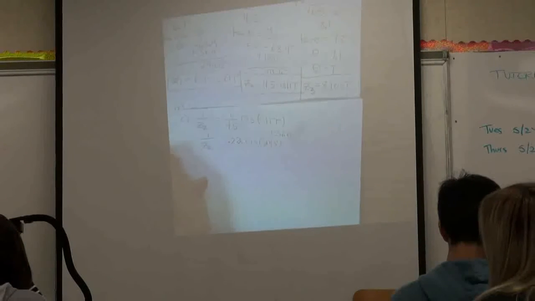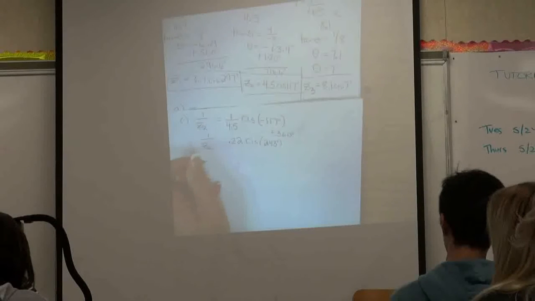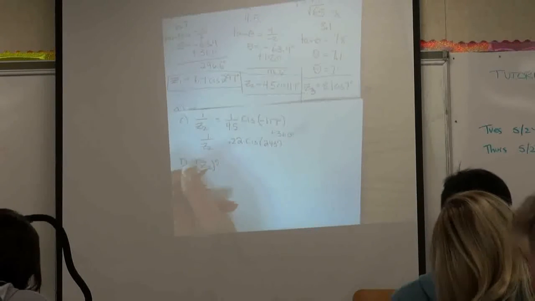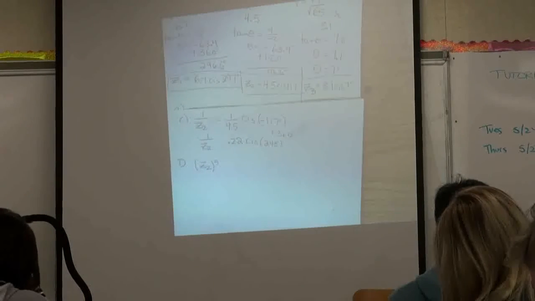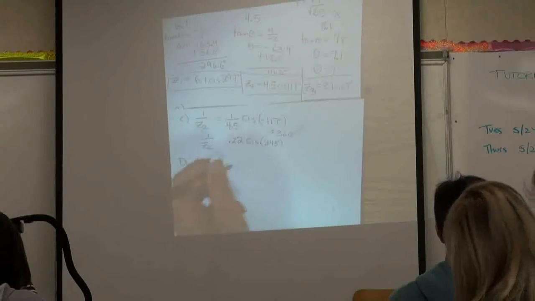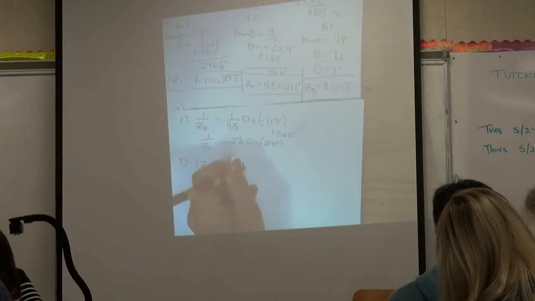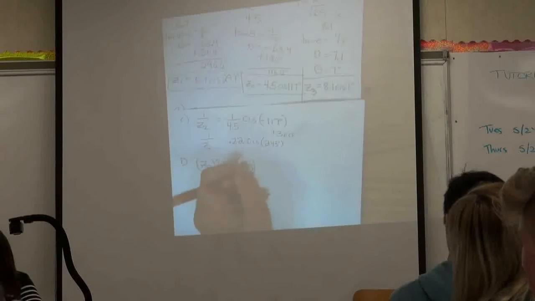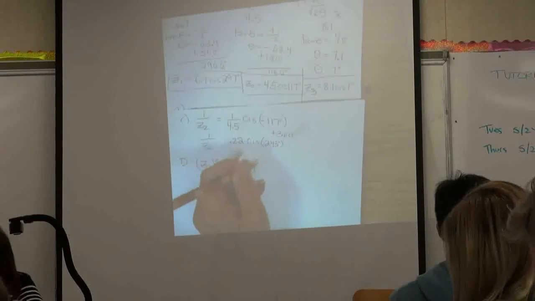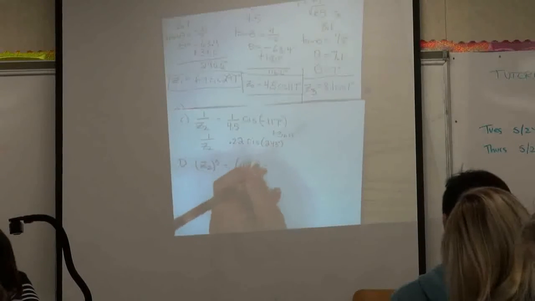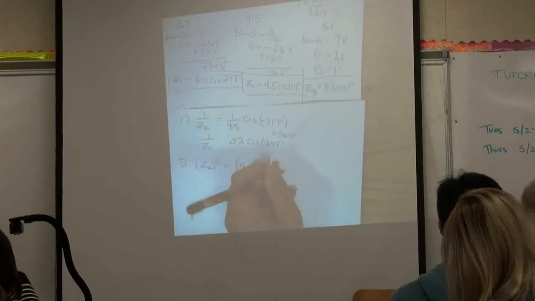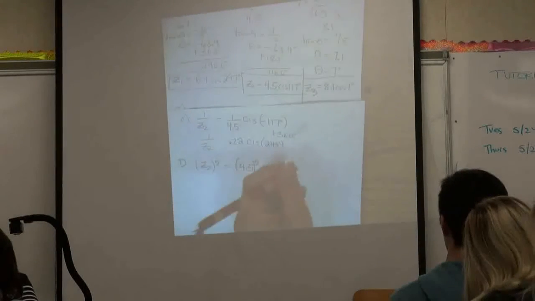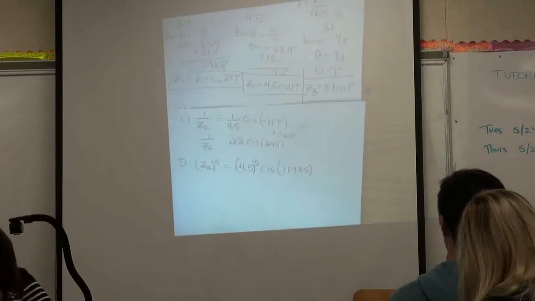All right. D is taking Z2 and raising it to the 5th power. You take the modulus and you raise it to the 5th power. You take the argument and multiply it by the power.